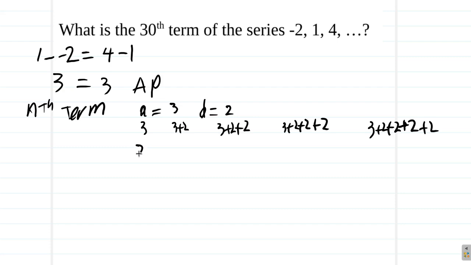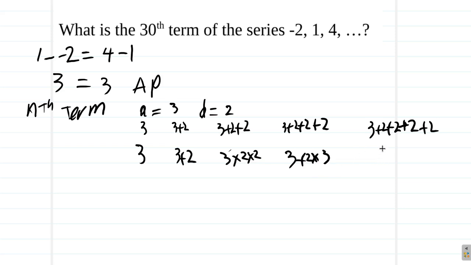So the first term is 3. Now the second term would be 5, but you can write it as 3 plus 2, the difference. The third term would be 7, which, instead of saying 3 plus 2 plus 2, let's say 3 plus 2 times 2. The fourth term is 3 plus 2 times 3.